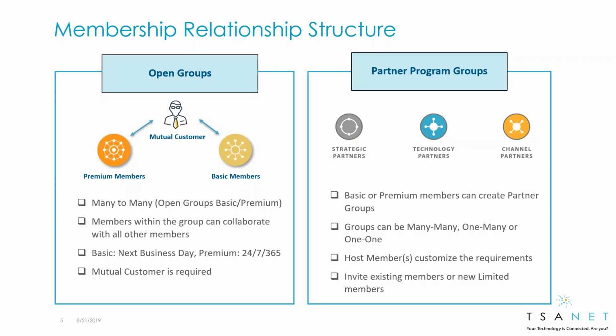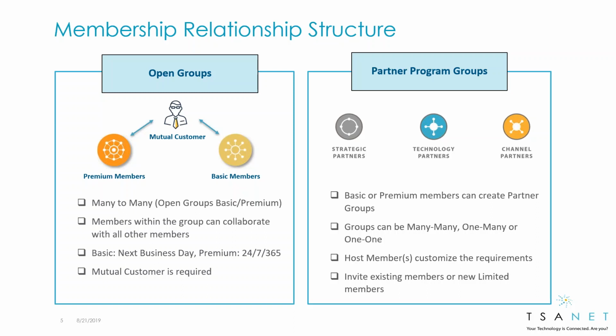And then within the basic TSANet, we split it up into what we call the premium TSANet. So the premium TSANet is a subset of the basic TSANet that says within that group of companies, hey, if I've got a customer that's entitled at a higher level, entitled to 24/7 support or global support, I'll collaborate with you at that higher level within these base level SLAs. And it's typically what you would call your enterprise level SLAs.